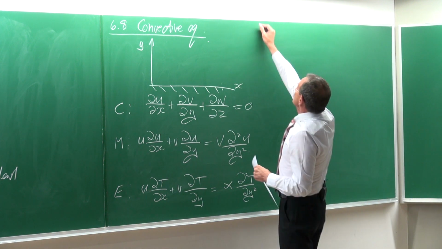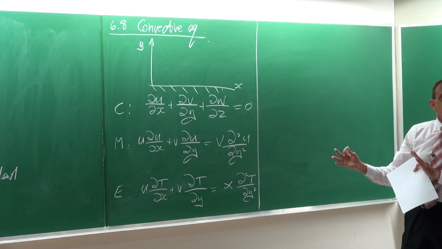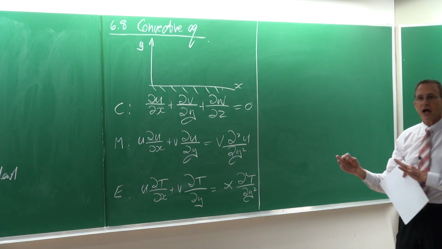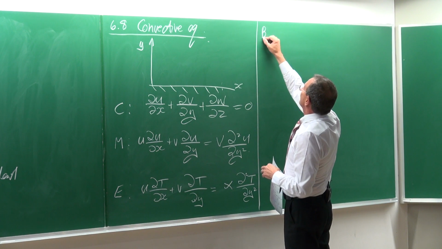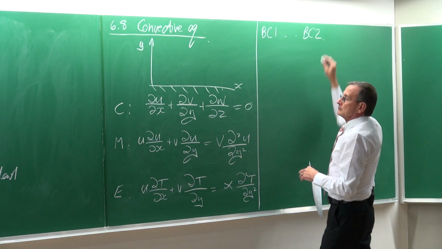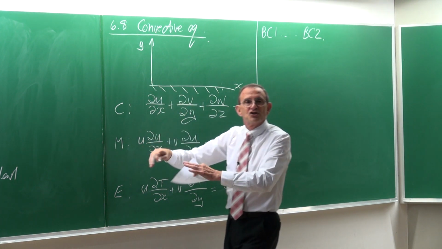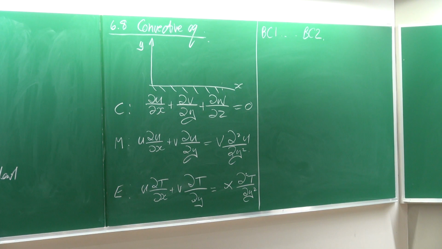And then enters a guy with the name of Blasius, and Blasius looks at these equations and he says, okay, what am I going to do to solve this? And he realizes there are, of course, three boundary conditions needed. The first boundary condition, of course, no slip velocity, and far away the velocity is equal to u infinity.